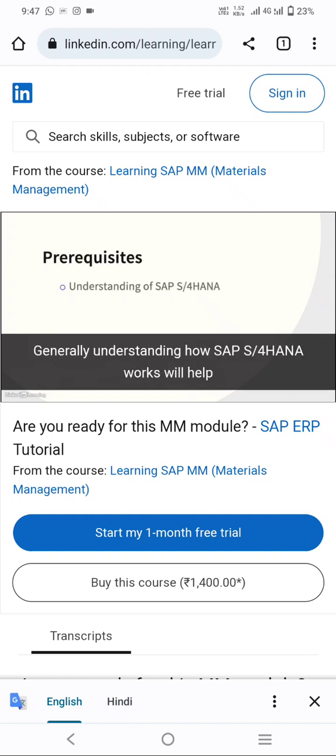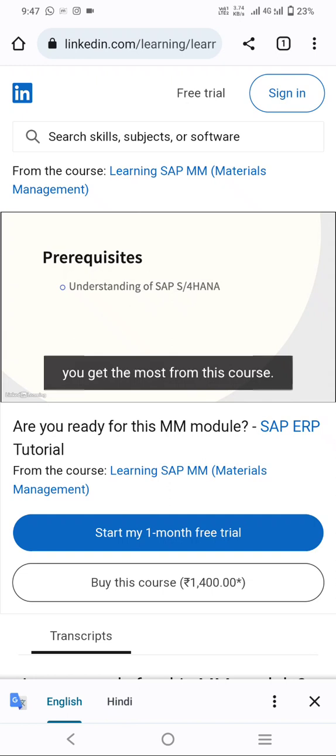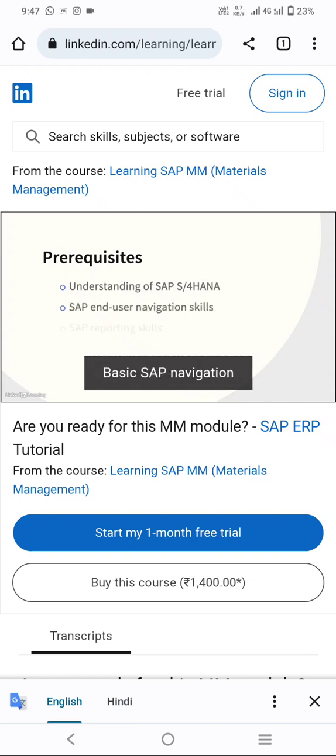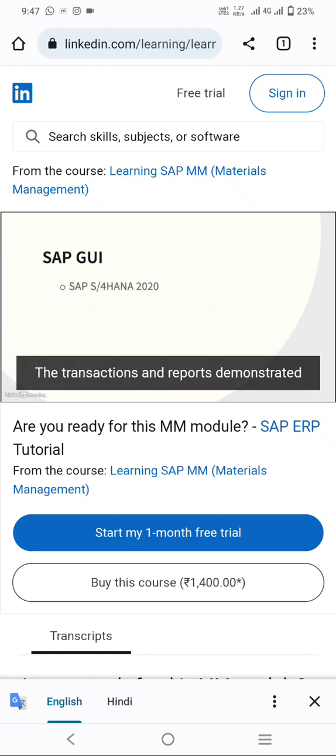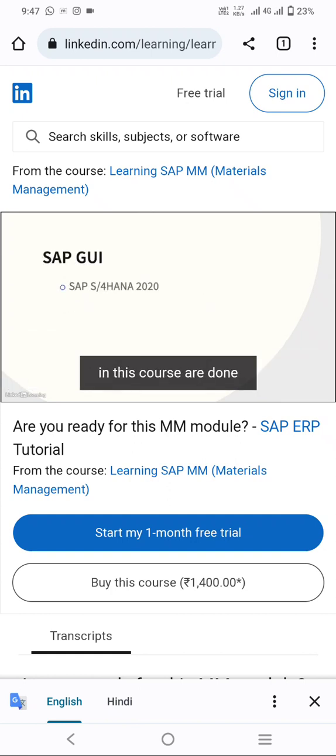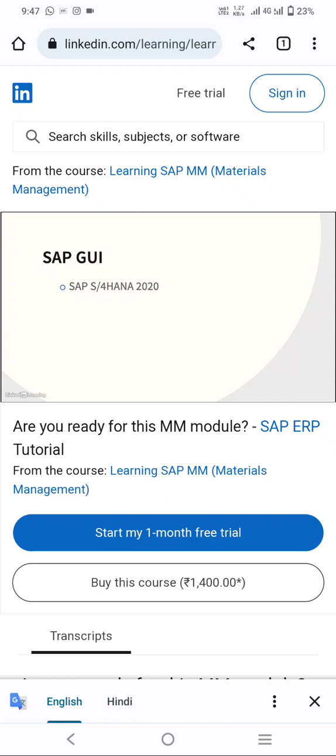Generally understanding how SAP S/4HANA works will help you get the most from this course. Basic SAP navigation and reporting skills will ensure you know what's happening on the screen and ensure you get the most out of your time spent. The transactions and reports demonstrated in this course are done in the GUI of SAP S/4HANA 2020.